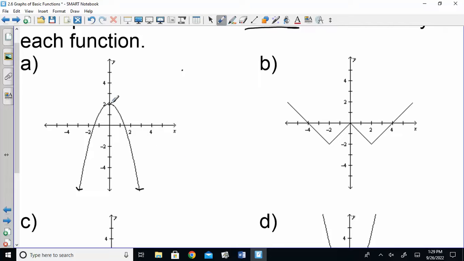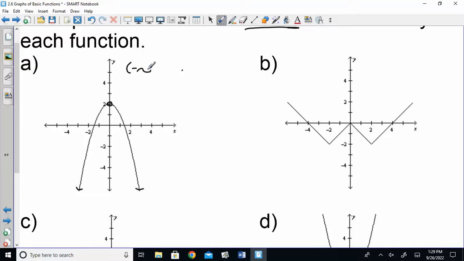Actually, you can hardly tell, but there is an open circle right here. You might have to draw that in. It shrunk down when I put it on your paper. It's really hard to see, but that's supposed to be an open circle right there. So where is it not continuous? At the point (0, 2). So it is continuous, and we're going to list the x values. Coming from left to right, we always go small to large.